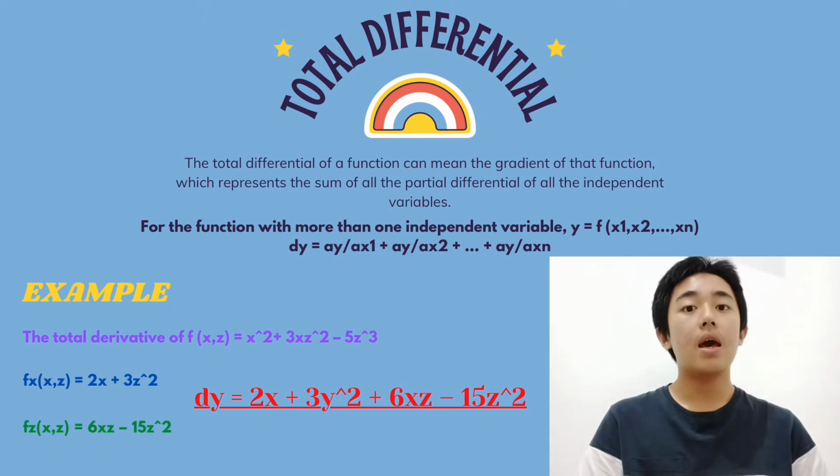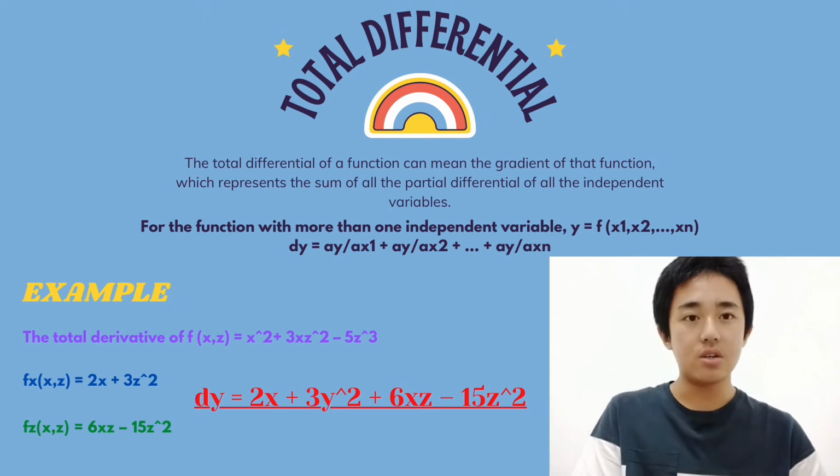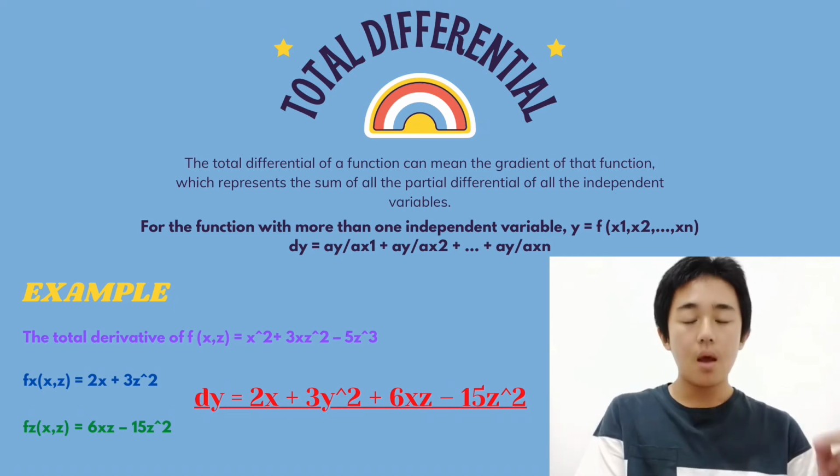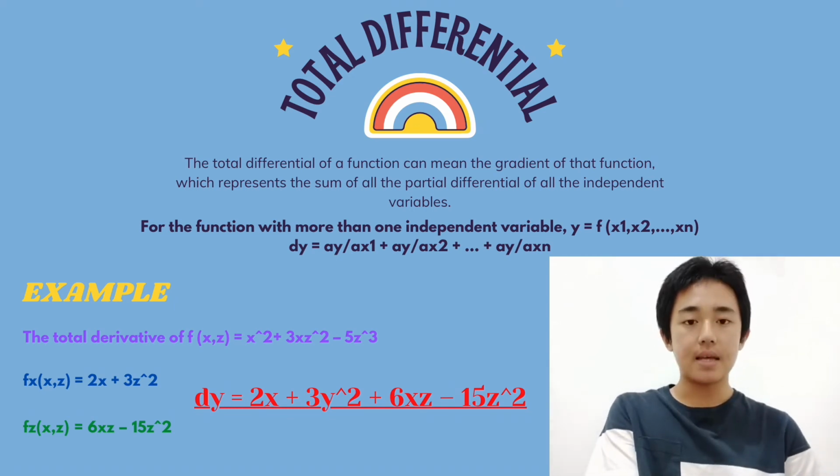Don't forget about that. And now, after we got both answers, we just need to add them up. So the derivative equals 2x plus 3z squared plus 6xz minus 15z squared. So the answer is 2x plus 3z squared plus 6xz minus 15z squared.